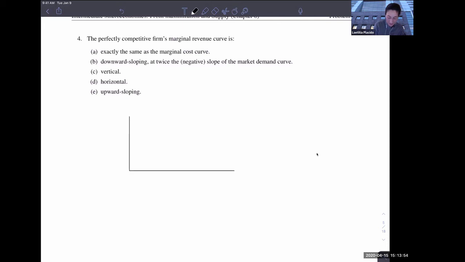Any idea? It's going to be a straight line. We need to be more specific. Horizontal, vertical, with some slope? Horizontal, exactly.